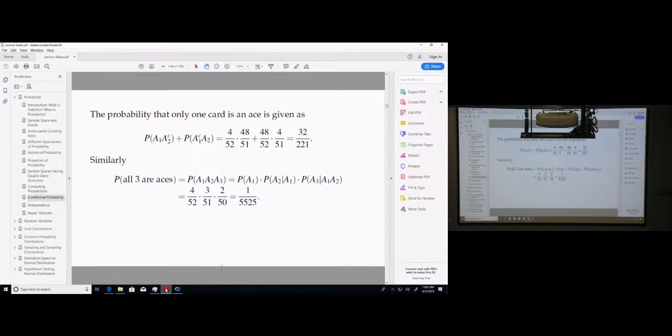And similarly, in order to get a non-ace in my first draw, there are 48, and I'm drawing out of 52, so the probability is 48 over 52. And now there are only 51 cards left after one card is drawn, and there are still 4 aces left, so I have 4 over 51. So it is actually the same number, so it's 2 times one of them, so it is 32 over 221.